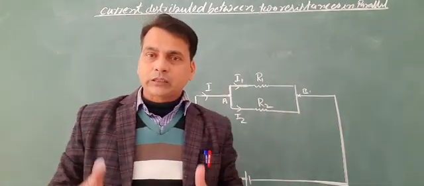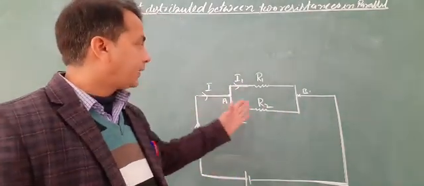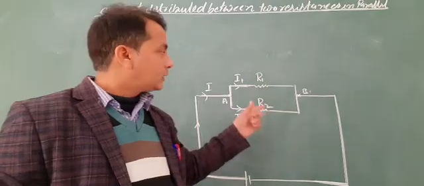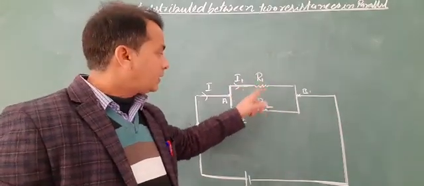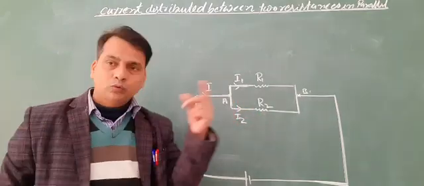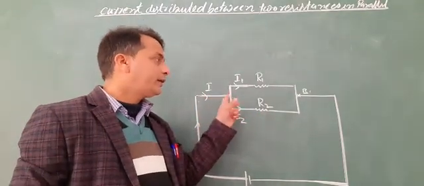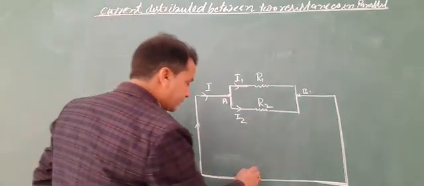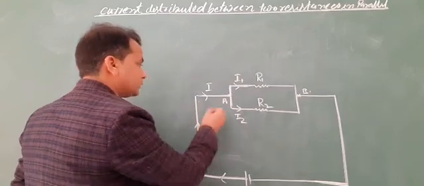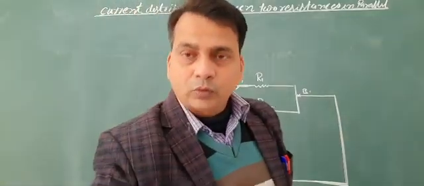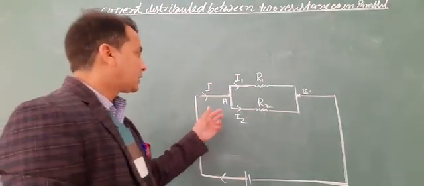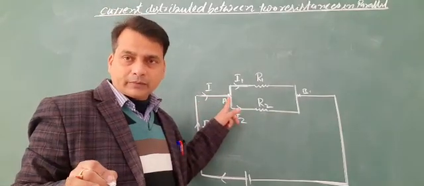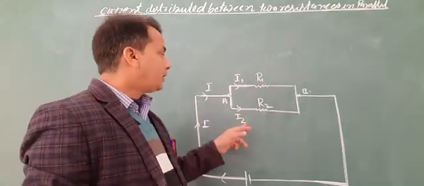R1 and R2 are connected in parallel combination because they are joined at two common points, known as point A and point B. Here the total current in this circuit is I, and the net current I divides into I1 and I2.